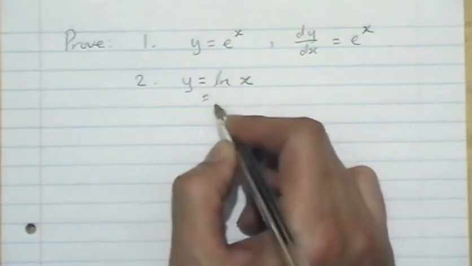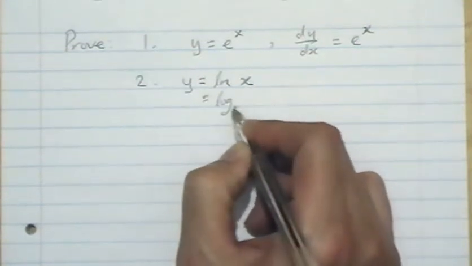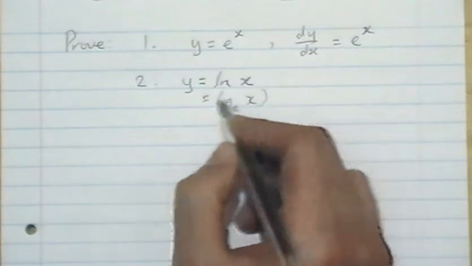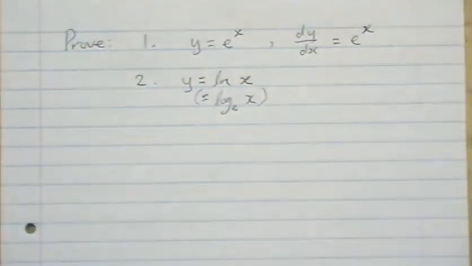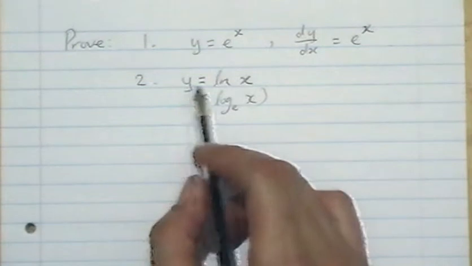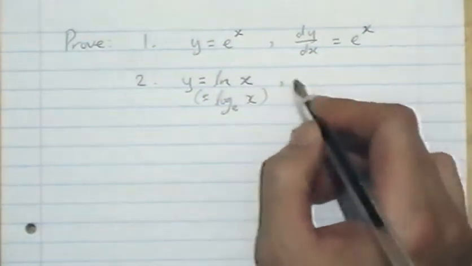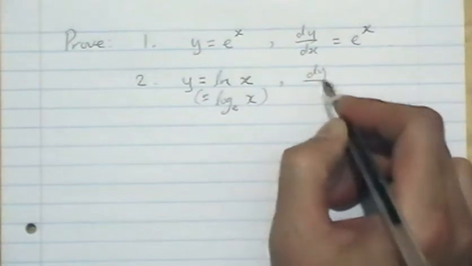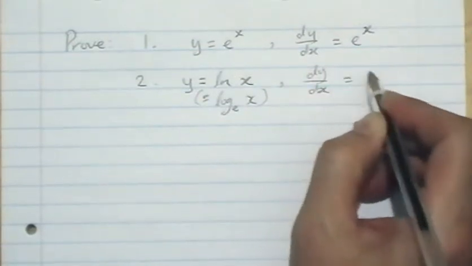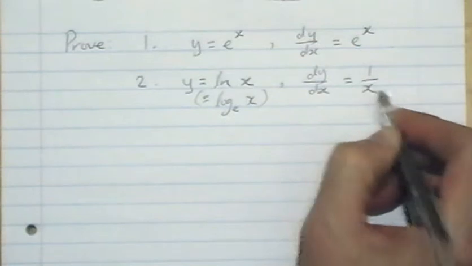So this is really equal to log with a base of e of x. I want to prove that if y equals ln x, then dy/dx is equal to 1 over x.